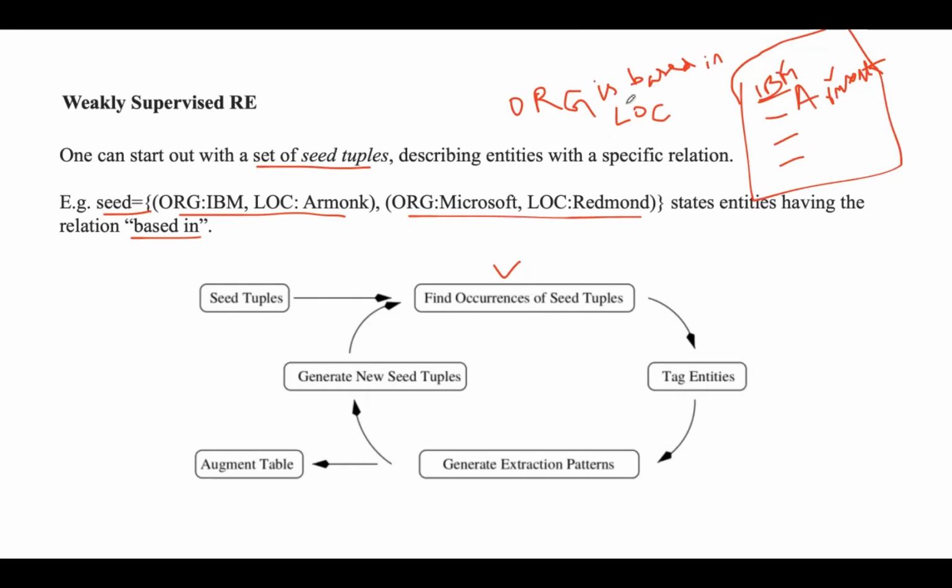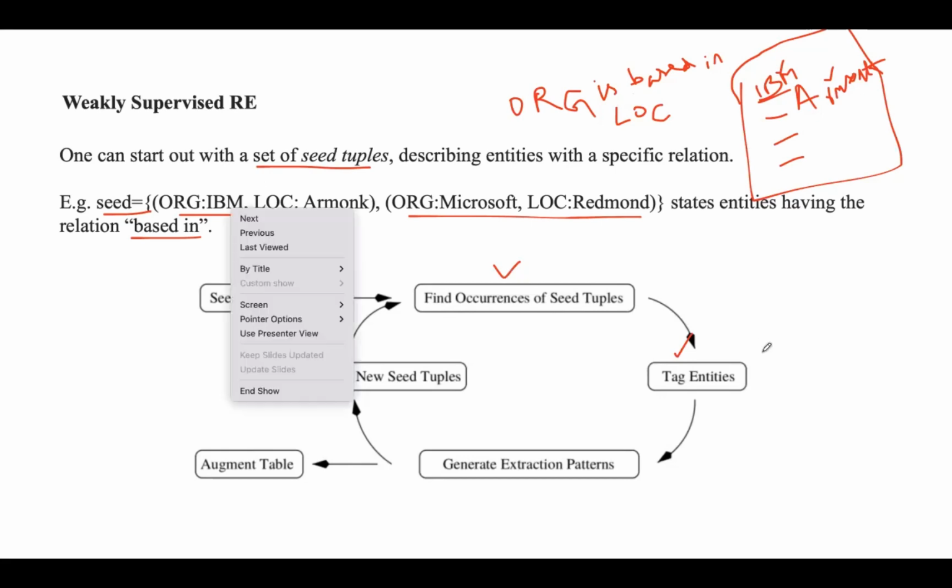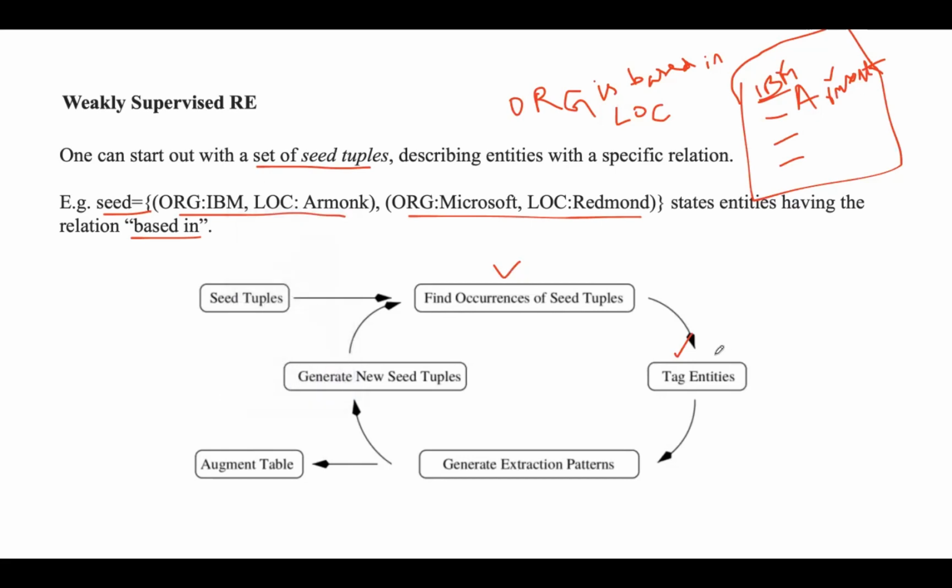So that is the pattern which we created for these occurrences, right? After finding the occurrences of seed tuples, after finding the words or entities which are similar to the entities present in the seed tuple, then we need to assign tags, entities. So we already assigned entities: for IBM it is organization, Armonk is location.